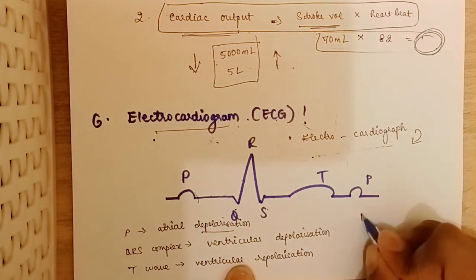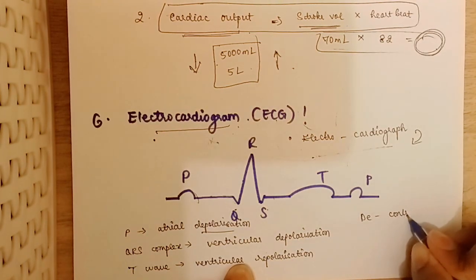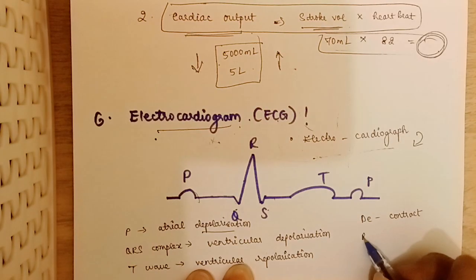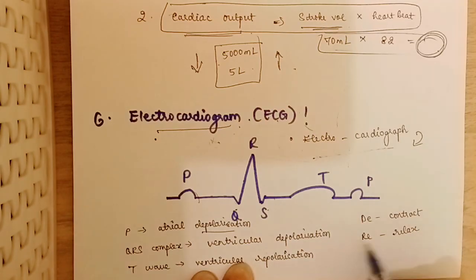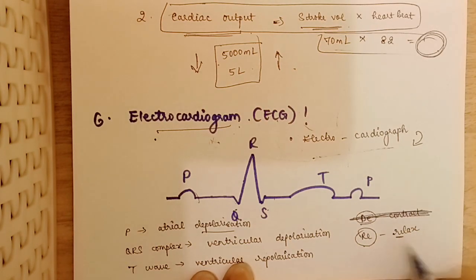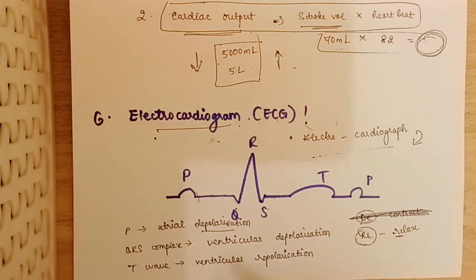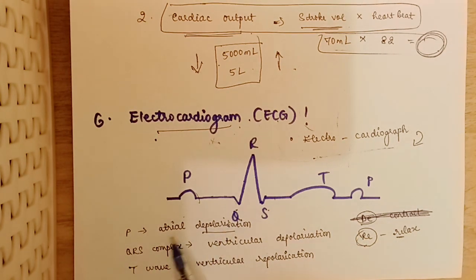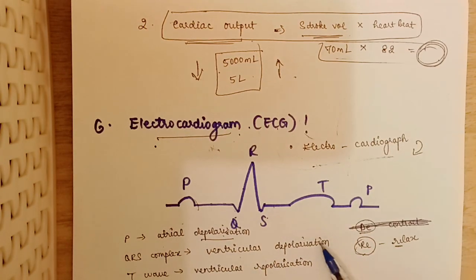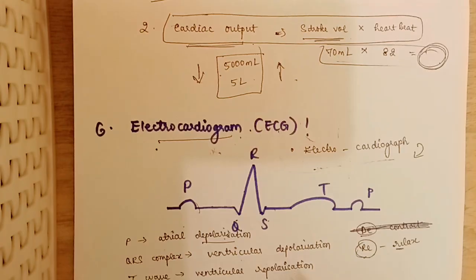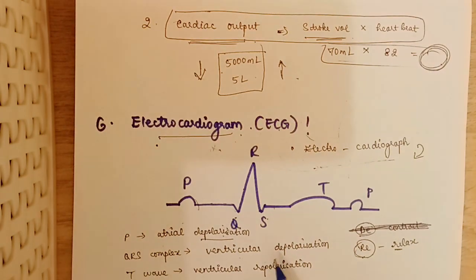Depolarized means contract, and repolarized means relax. You just need to know relax, that's enough. So atrial depolarization, atrial contraction, ventricular depolarization, ventricular contraction, ventricular repolarization, ventricular relaxation. This is about the electrocardiogram.